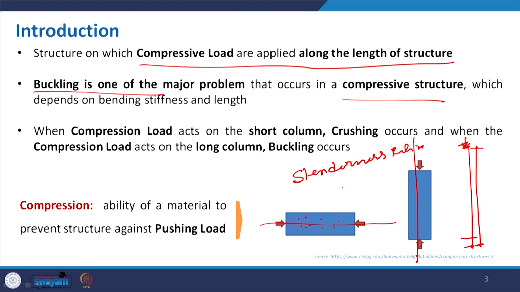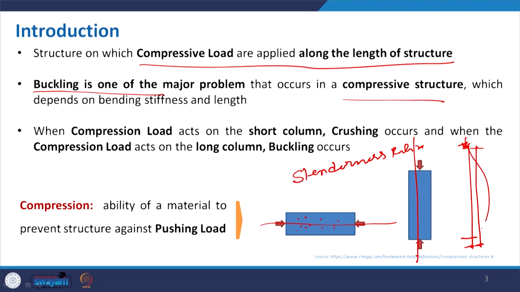If it is too narrow, that is, the length is much higher than the cross section, then applying the load gives bending along with the compression. This is called buckling. For a compressive structure, this is a problem if you have a poor slenderness ratio.